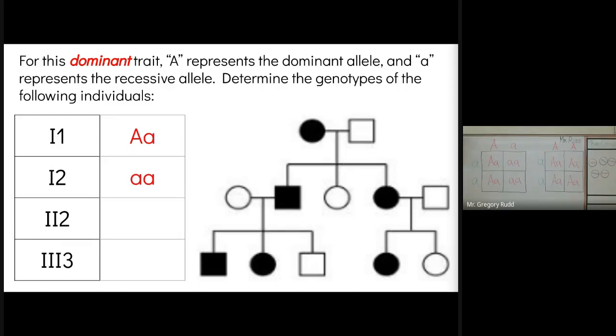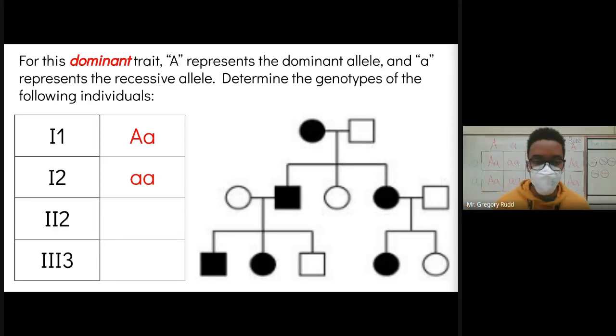Look at their children. They have to be heterozygous, for the same reason as the last. If they were homozygous, all of their kids would have the trait. But this person right here is unaffected, so they had to get a recessive. Does this make sense?